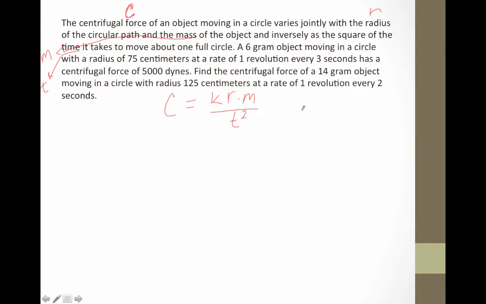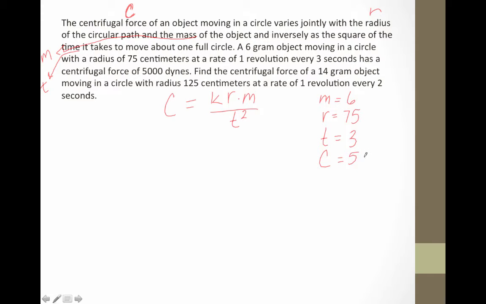A 6-gram object, so mass equals 6, moving in a circle with a radius of 75 centimeters, so R is 75, at a rate of 1 revolution every 3 seconds. Now remember on time, the time was the time it takes to move about one full circle, and this is 1 revolution for 3 seconds, so T is just 3, has a centrifugal force of 5,000.